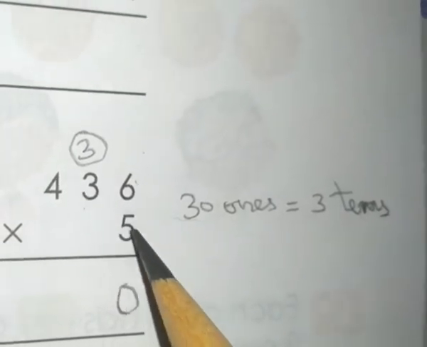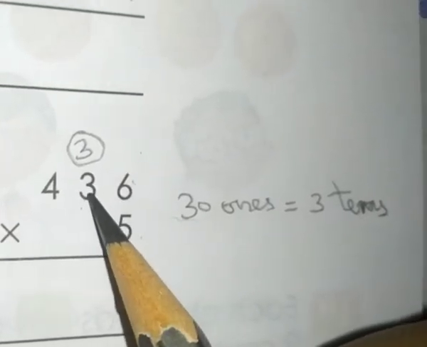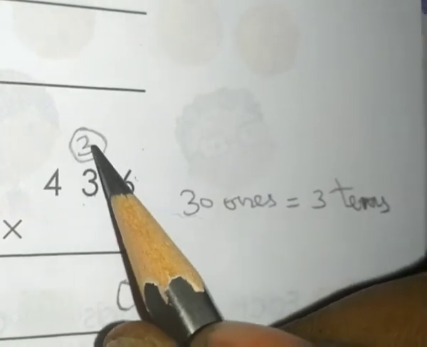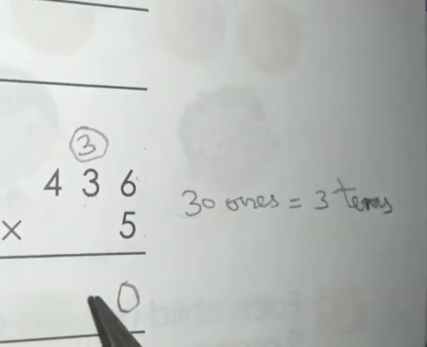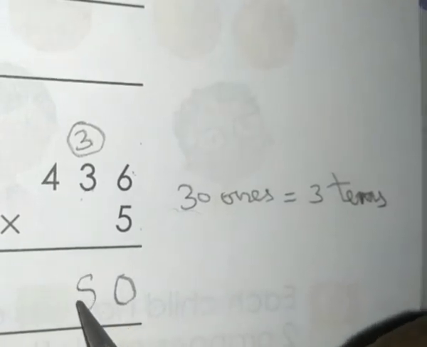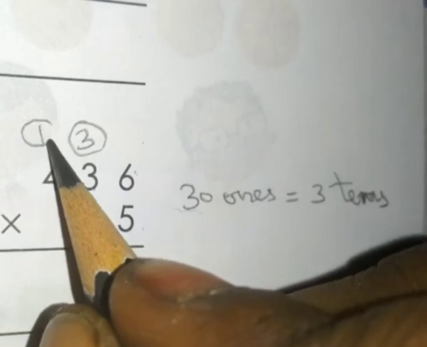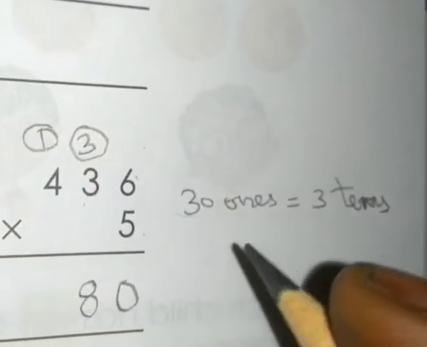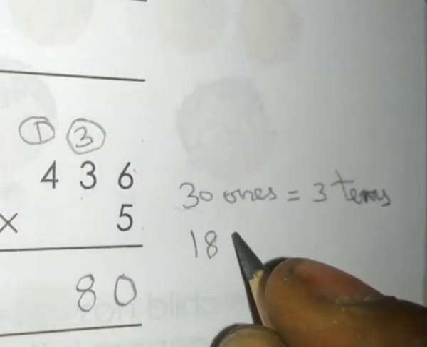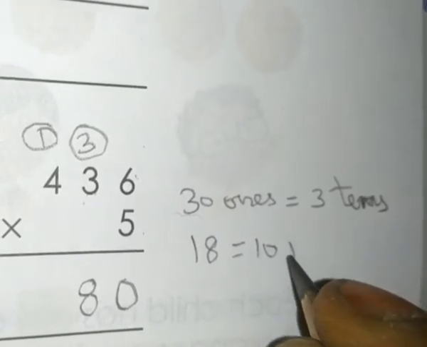Now multiply tens place values. 5 threes are 15. 15 plus carried over value 3, 18. So you have to write 8 over here, and 1 will be carried over to hundreds place. 18 represents 10 plus 8.